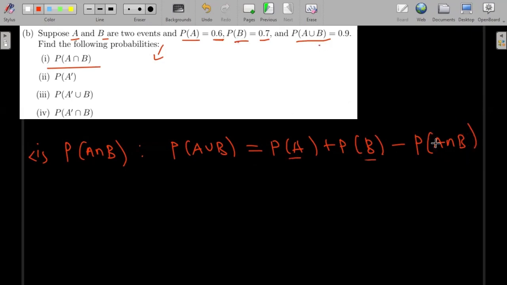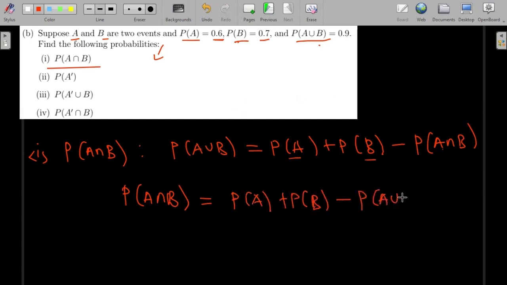So we can make this the subject of the formula. I'll take this to the other side, so the probability of A intersection B is equal to the probability of A plus the probability of B, minus the probability of A union B.